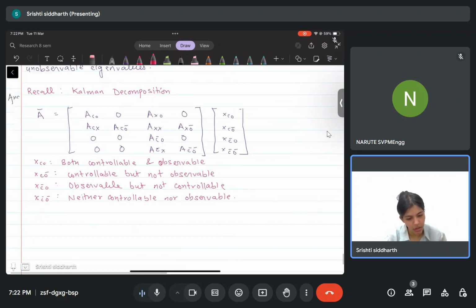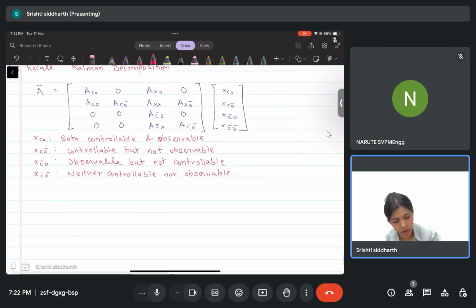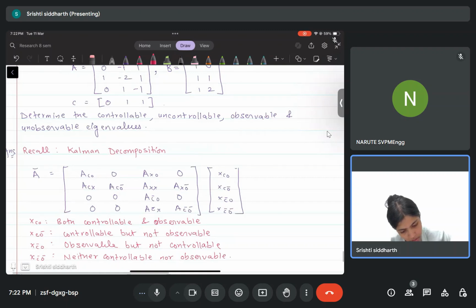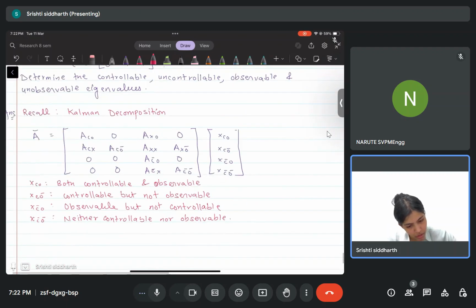Let me just write this down. So let's say that we have transformed the system into some A bar, which looks like this. So I can just write down. The controllable eigenvalues are going to be the eigenvalues of ACO bar.